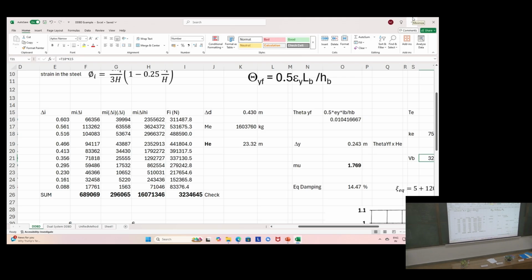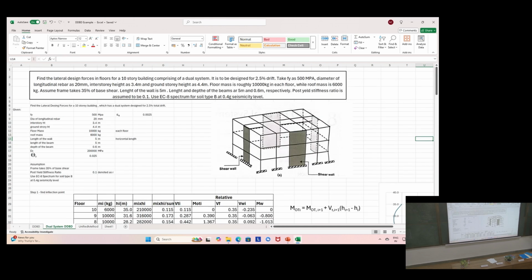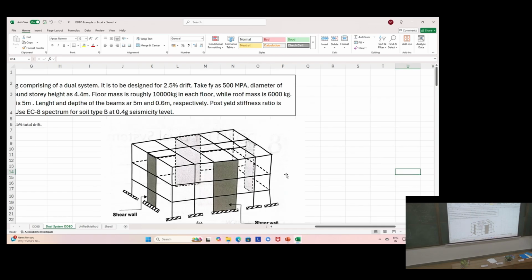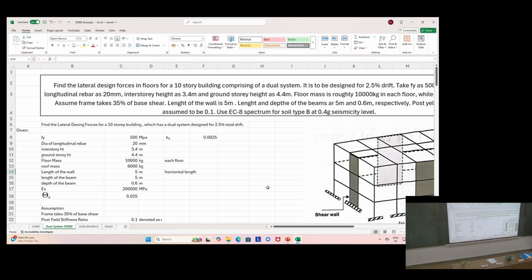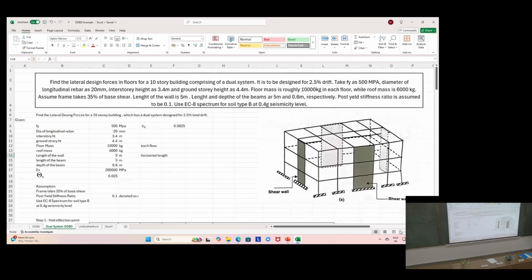You need a minute or two to fire up your computers, or all good? Okay, note down the problem statement here. You have to find lateral design forces for a 10-story building comprising of a dual system.